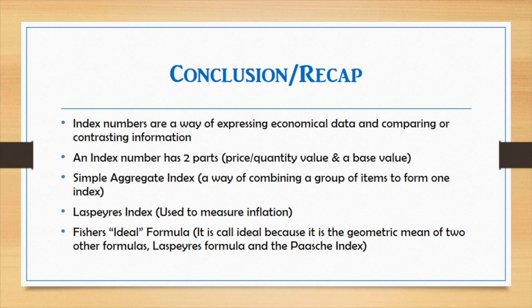So what we learned today is simple aggregate index is a way of combining a group of items to form one index, and Laplace's index is used to measure inflation, and Fisher's ideal formula is called ideal because of the geometric mean of the two other formulas and the Paasche index itself.